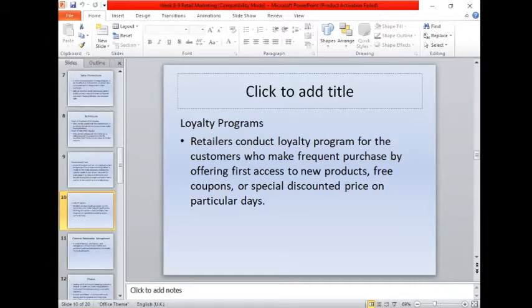Because if you have the membership card, once you pay at the counter and you present it, you will earn points. Okay, and these points can be redeemed when you need them in the future. Examples are the SM Advantage card, the Robinsons Rewards, what else? The Mercury Drug Suki card, what else?